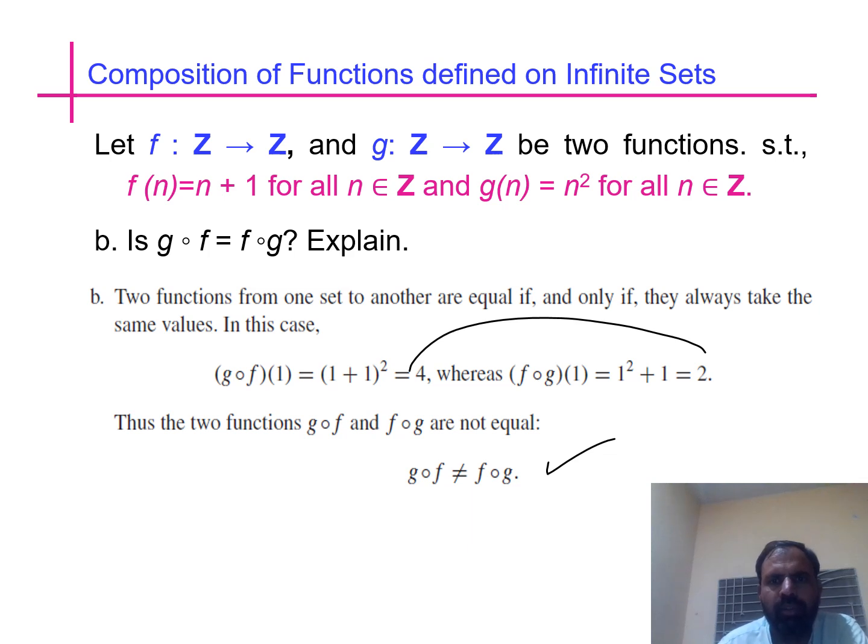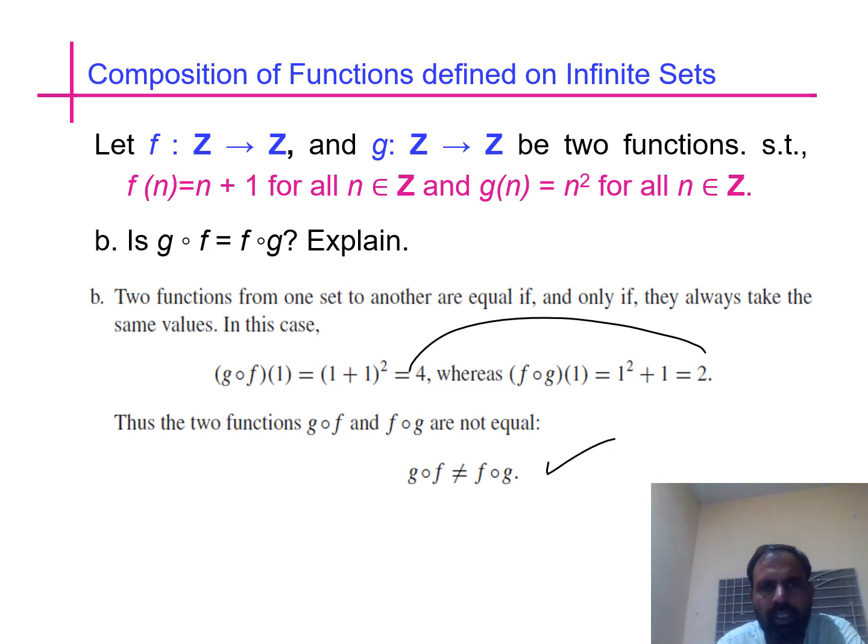In the second part we explain whether g circle f is equal to f circle g or not. Two functions from one set to another are equal if and only if they always take the same values.